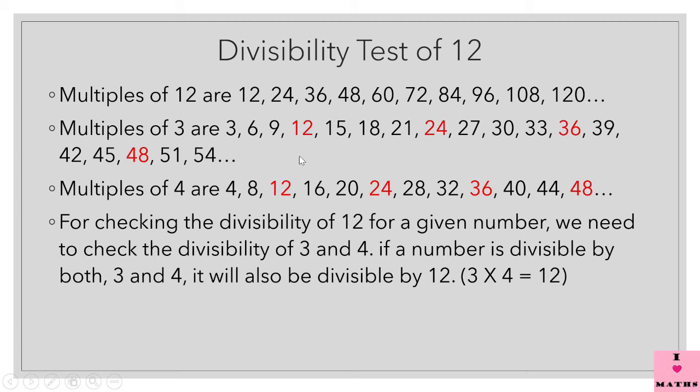See, 12 is a multiple of 3 and 4 both, so 12 is a multiple of 12. 24 is a multiple of 3 and 4 both, so 24 is the next multiple of 12. 36 is a multiple of 3 and 4 both, so 36 is the next multiple of 12. 48 is a multiple of 3 and 4 both, so 48 is the next multiple of 12.